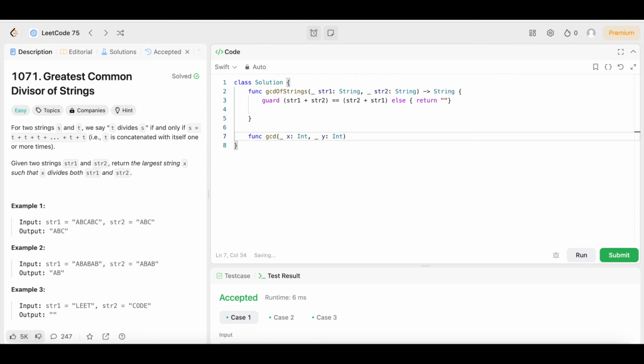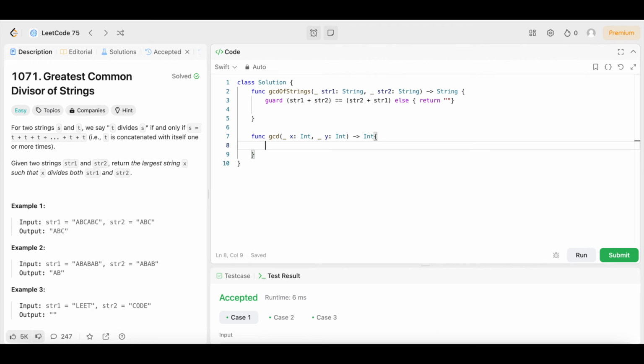And this is going to return another integer. Then we'll say if y is equal to 0, return x.